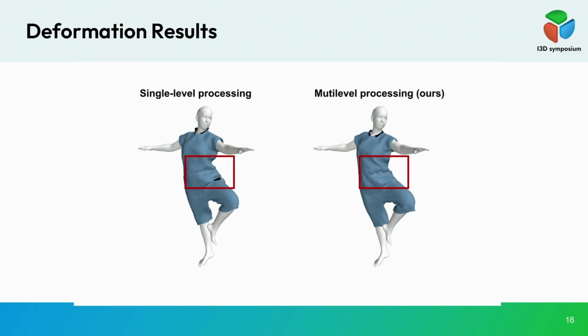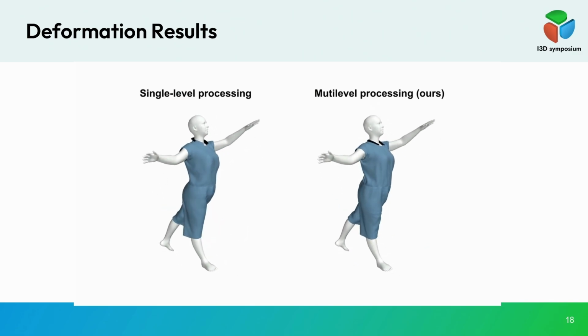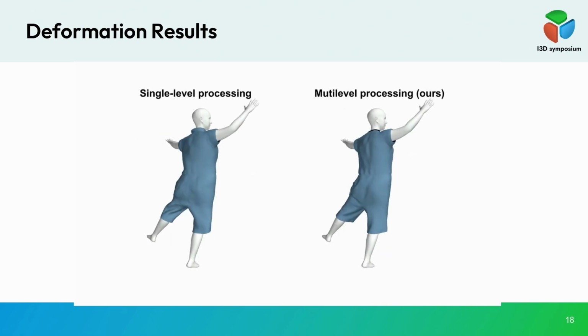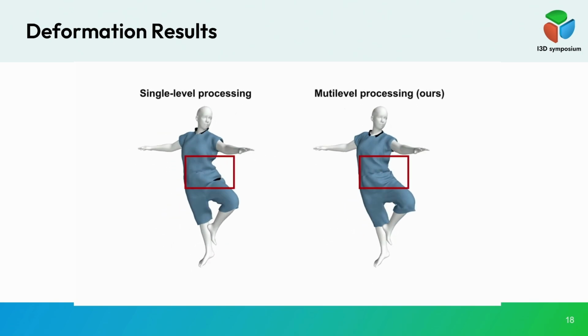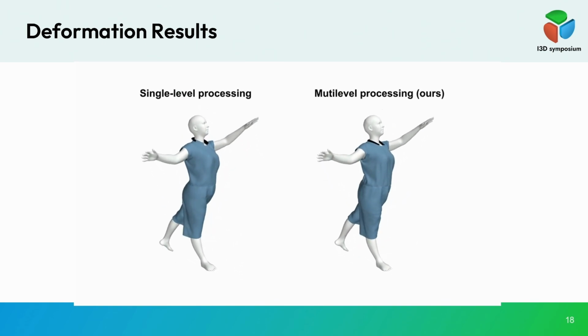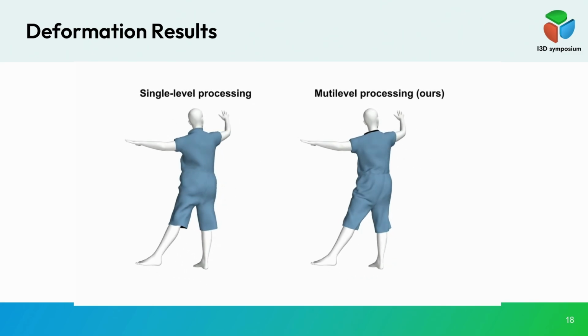Additionally, we compare the results between single-level and multi-level processing. Single-level processing does not involve pooling and unpooling layers. As demonstrated in the video, our deformation results consistently show superior quality.